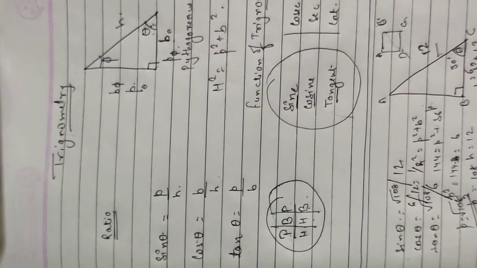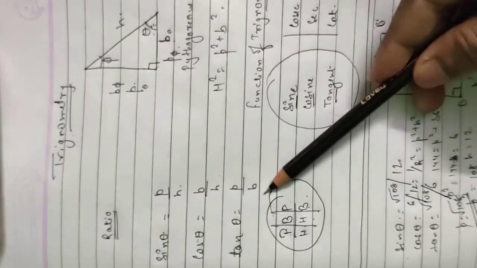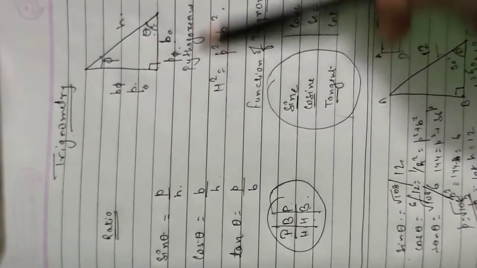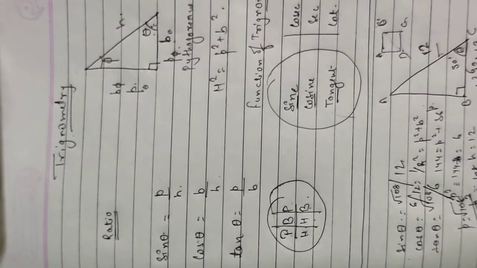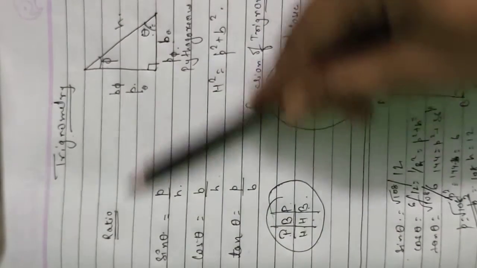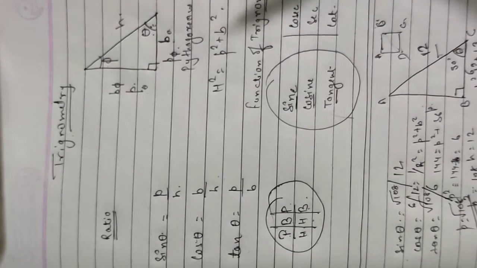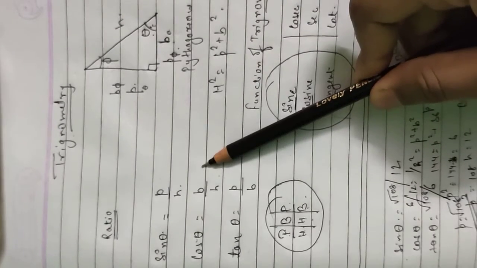What I'm trying to tell you is that you can find the trigonometrical ratio values with the help of these formulas and Pythagoras. So what have you learned? You have learned all the ratios and the function of the Pythagoras theorem along with the ratios.